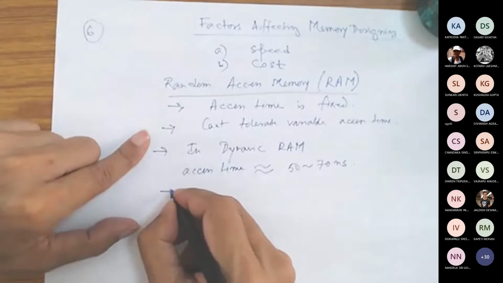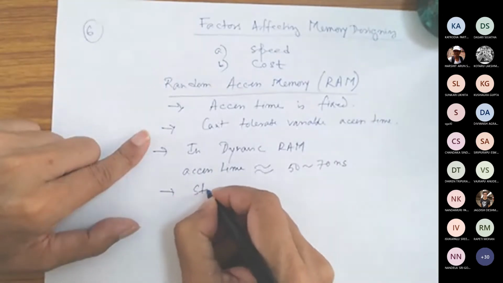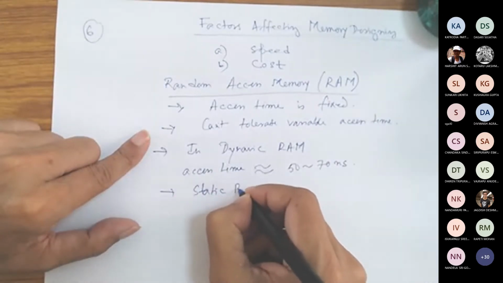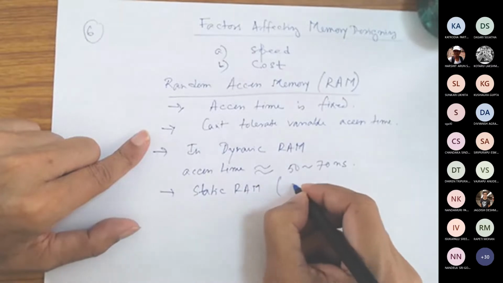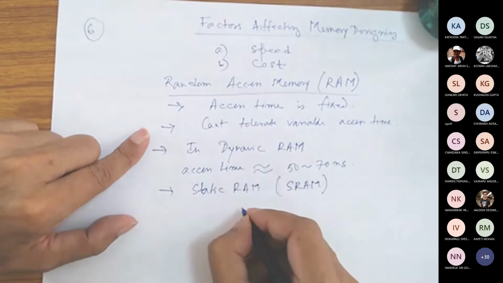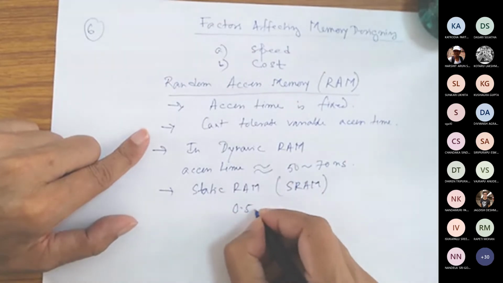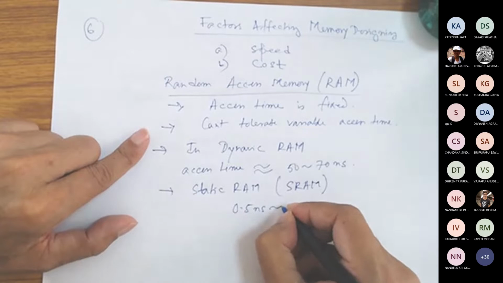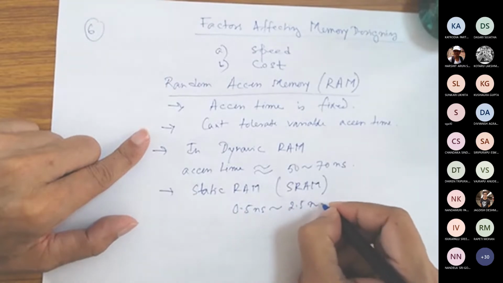Whereas in static RAM, or SRAM, the access time is in the order of 0.5 nanoseconds to 2.5 nanoseconds.